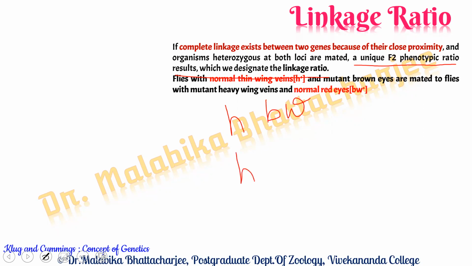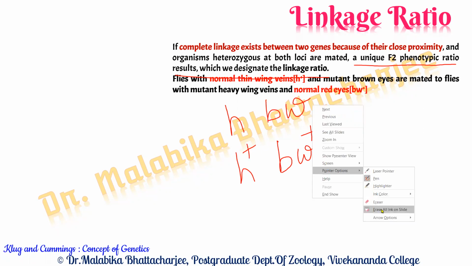The wild type allele, H plus, results in normal thin wings, and the wild type allele BW plus results in red eye color of the flies. So these are the two genes taken in consideration to exemplify the phenomenon of linkage ratio.